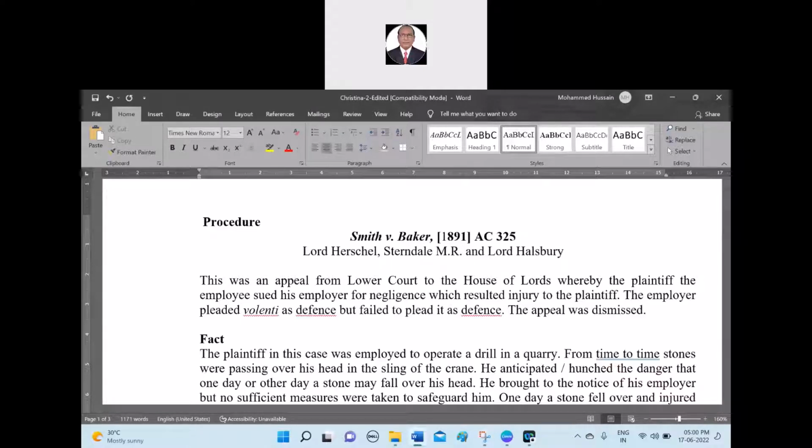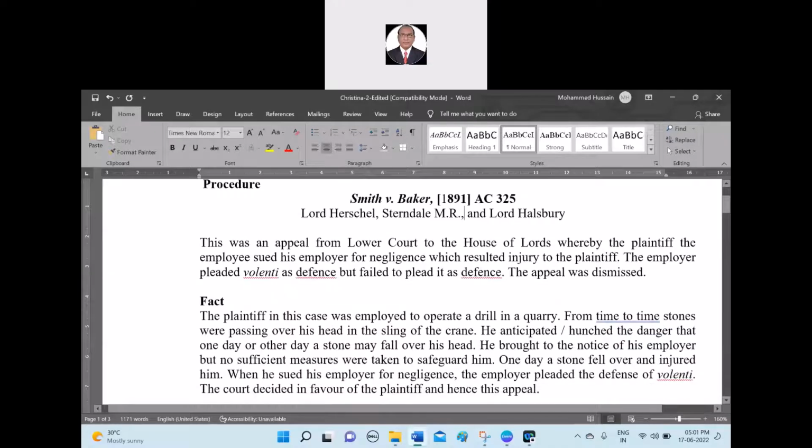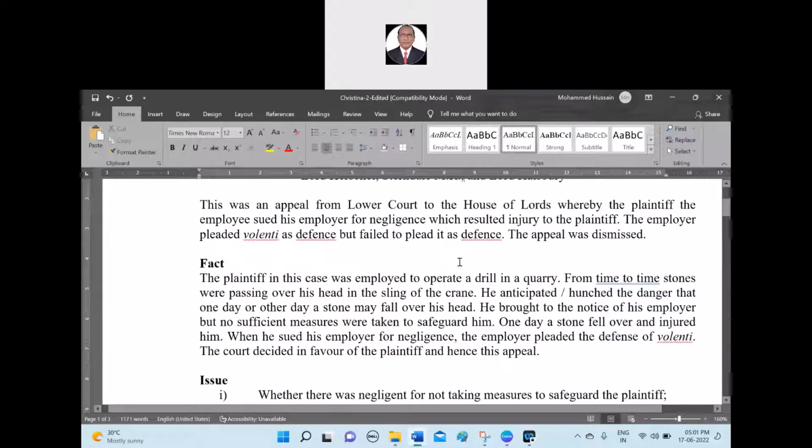An initial always goes with a full stop. Fundamental rule, that's all. Then continuation, comma, and Lord Halsbury. So these are the three authors, it's not three judges.